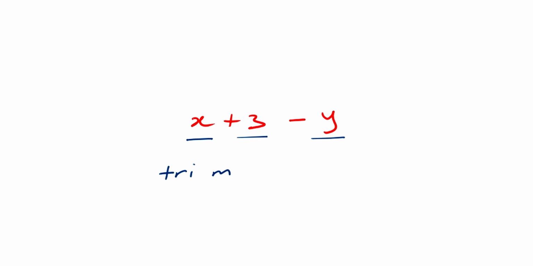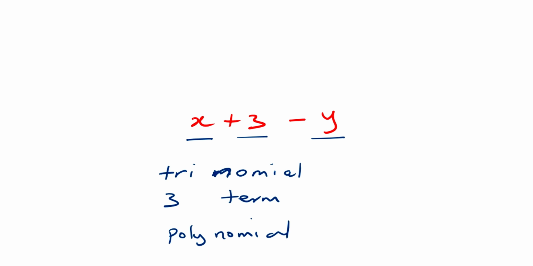Following the root words, we can say that this expression will be a trinomial. Three terms. But beyond two terms, we normally simplify and group any expression with more than two terms as polynomial. So further on in your mathematical journey, you may come to what we call polynomials.